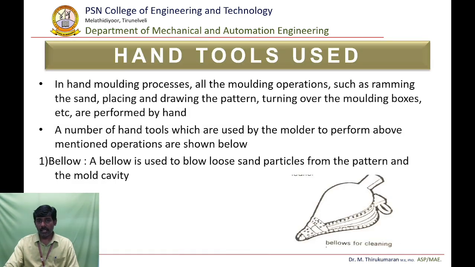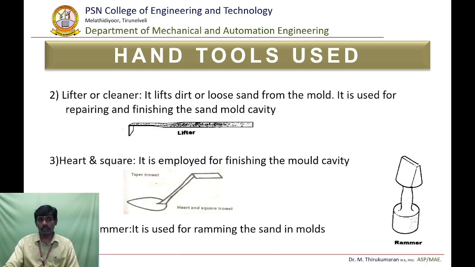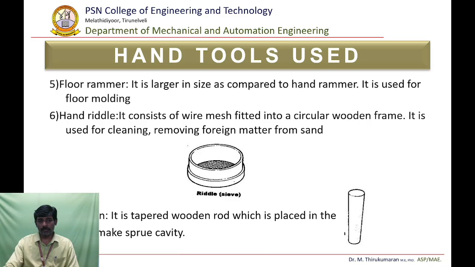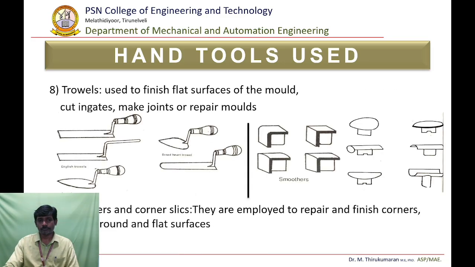So these are all the hand tools which support the sand casting method. So bellows, lifter cleaners, hot and squares, and hand rammers, floor rammers, and hand riddles, screw pins, and trowels, and these different geometries of trowels are used for smooth shapes developed in the casting molding methods.